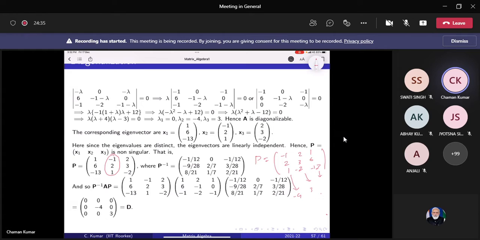And the third column corresponds to which eigenvalue? 0. So when you form P in this way, your diagonal matrix will have minus 4 as the first diagonal entry, 3 as the second diagonal entry, and 0 as the third diagonal entry. So this order will be maintained.